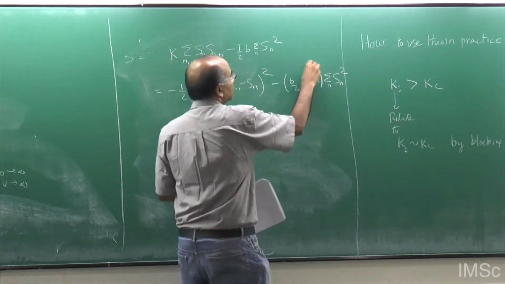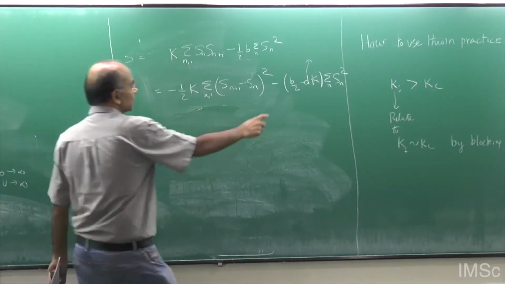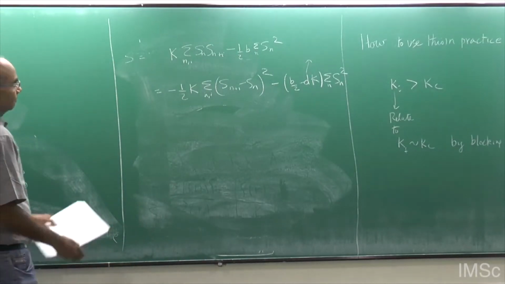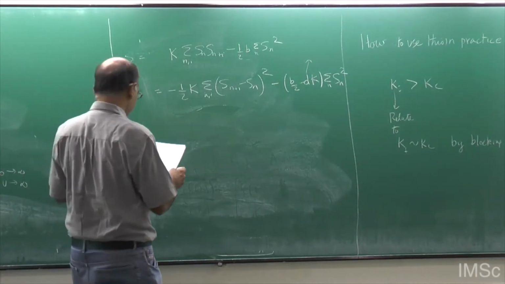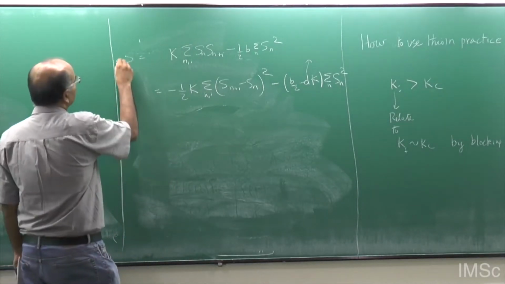This d is the dimensionality of your lattice. So if you're in 2 dimensions, d is 2. This K is that K. Okay. So this is the first step.